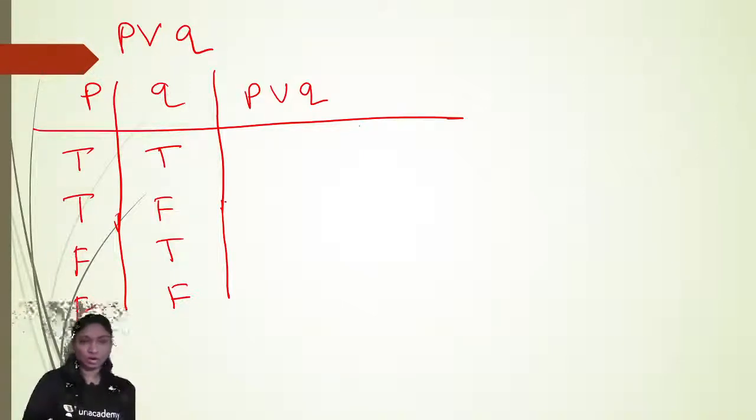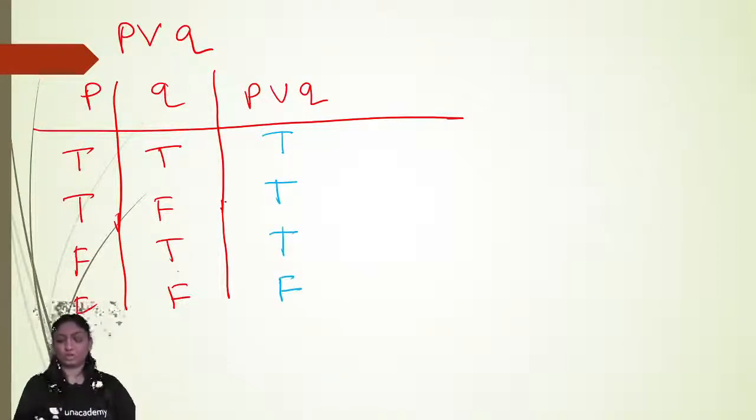If both are true, then it is true. If one of them is true, then also true. It is false only when both are false. So P or Q is T, T, T, F.